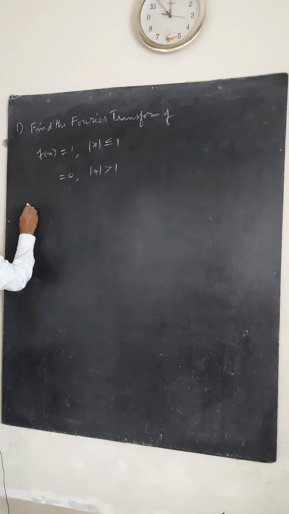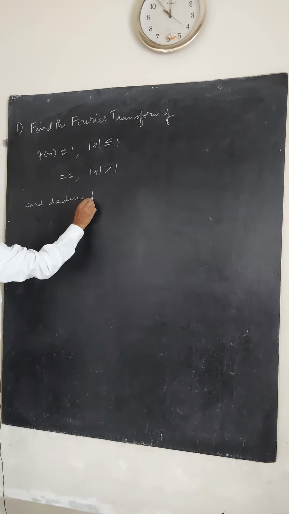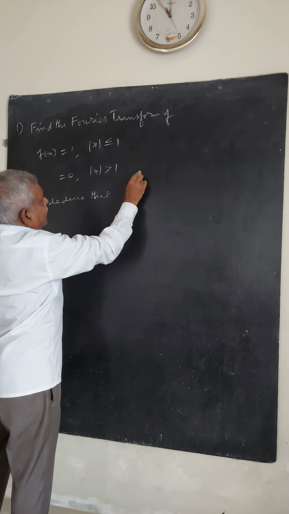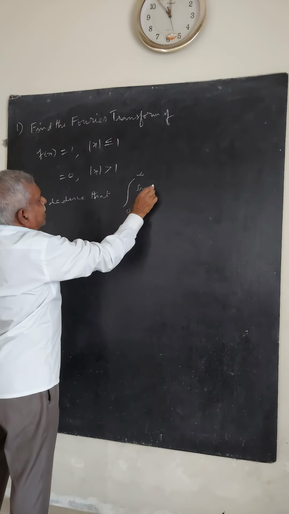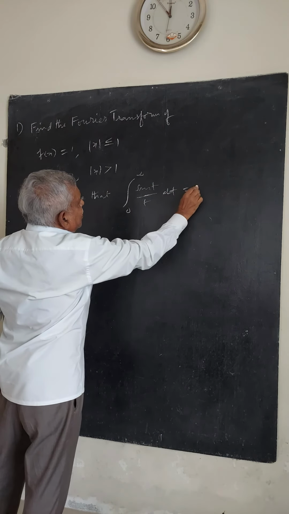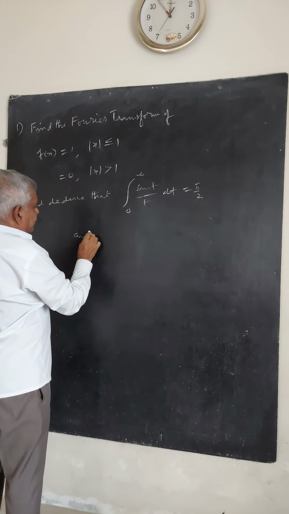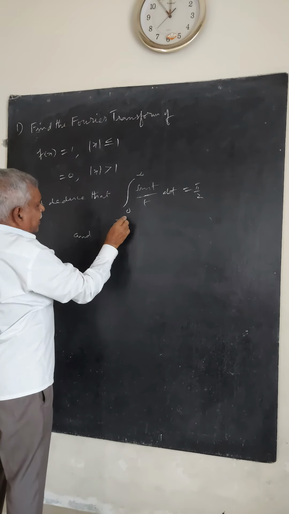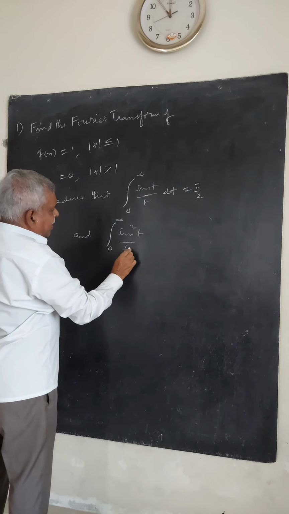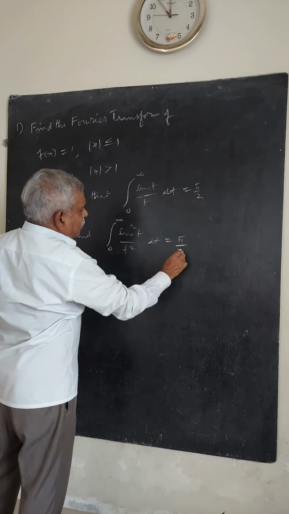And deduce that the integral from 0 to infinity of sin t by t dt equals pi by 2, and the integral from 0 to infinity of sin square t by t square dt equals pi by 2.